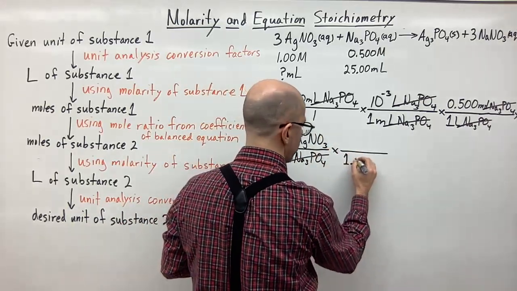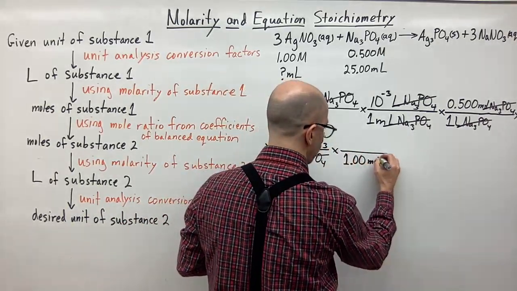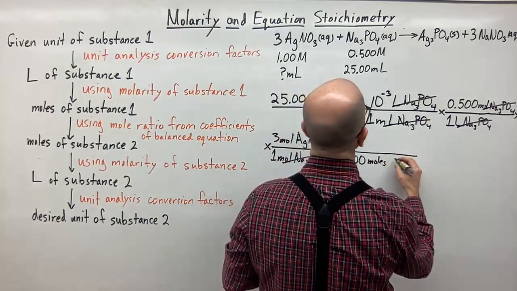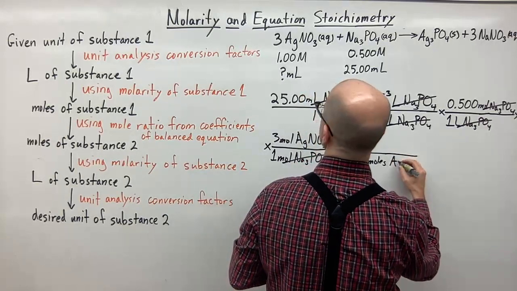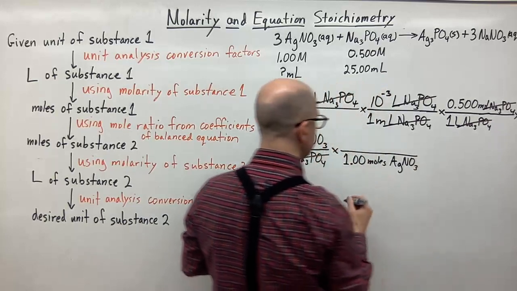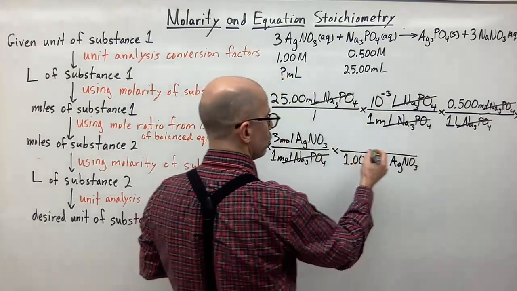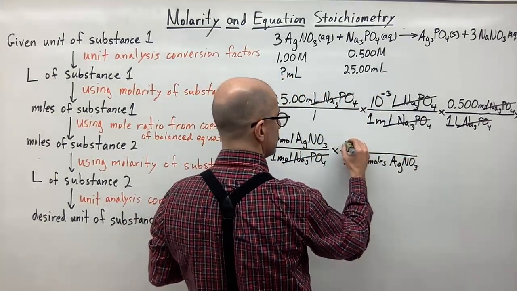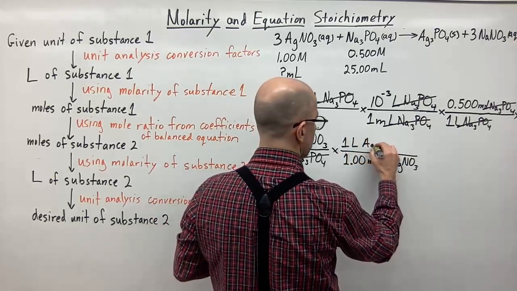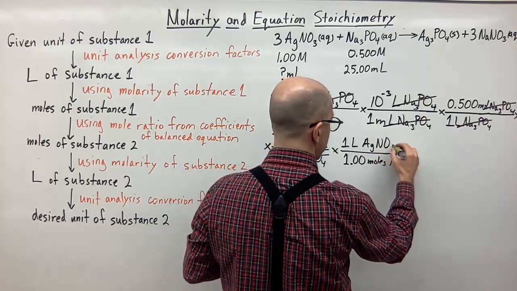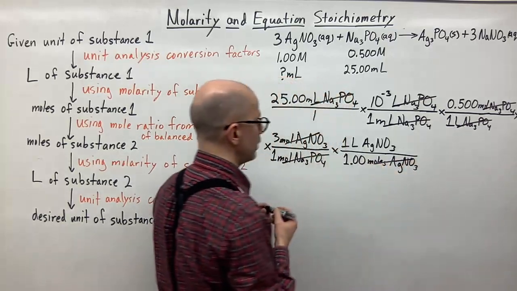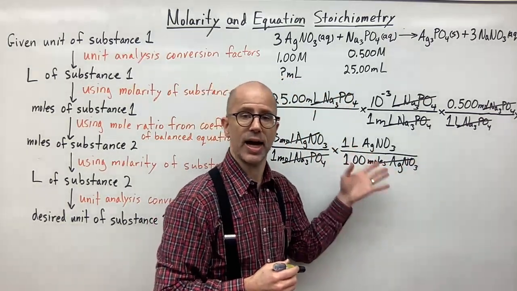So that's 1.00 moles of silver nitrate, AgNO3. And now I'm going to have liters on the top, so 1 liter of the silver nitrate on top. So moles of the silver nitrate cancel out.